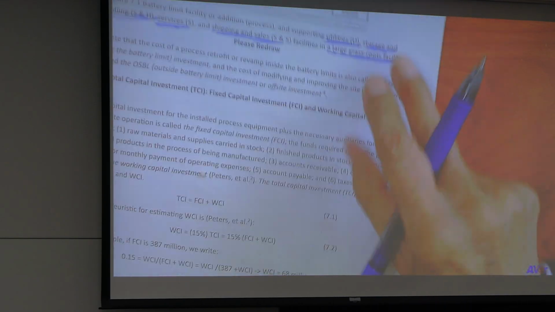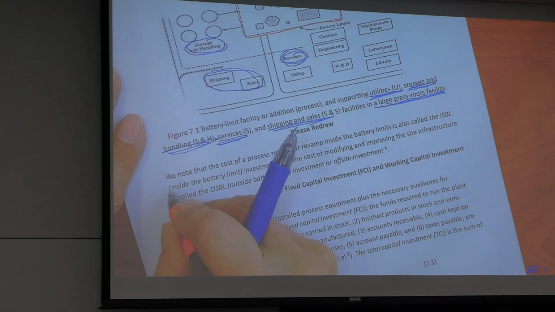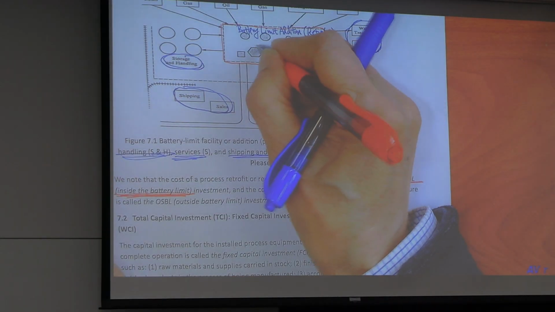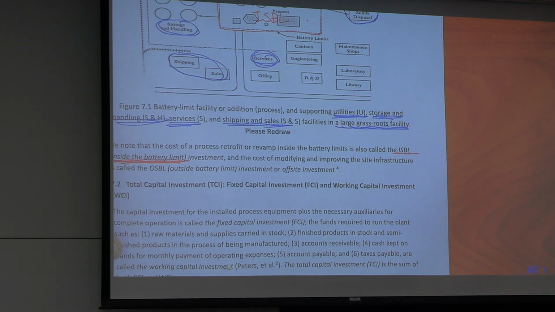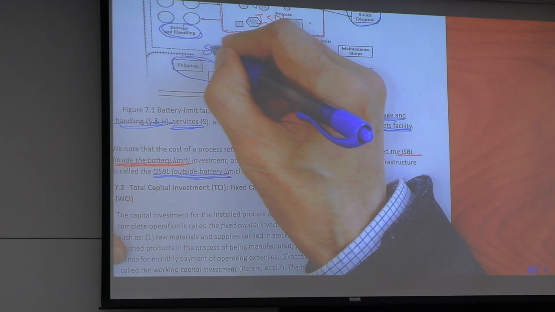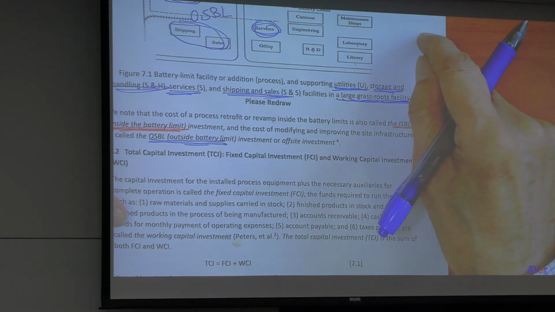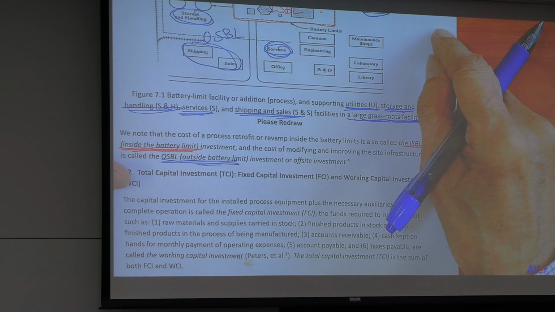Now, in some textbooks, there's a term inside the battery limit, ISBL. All the other, outside battery limit, OSBL. Are you clear? What's the difference?